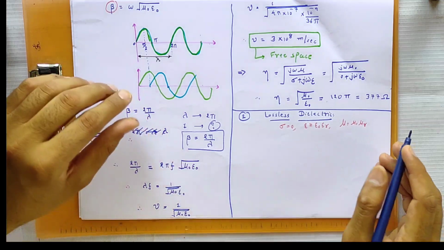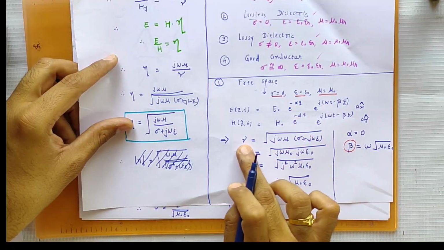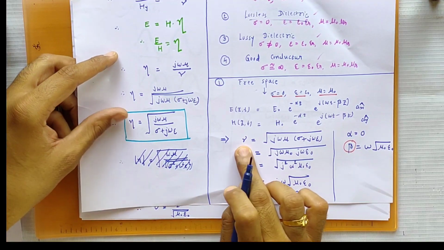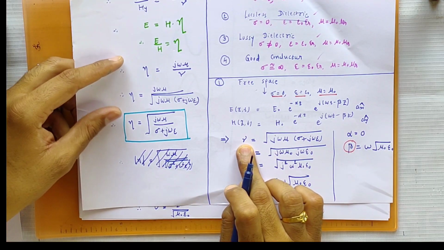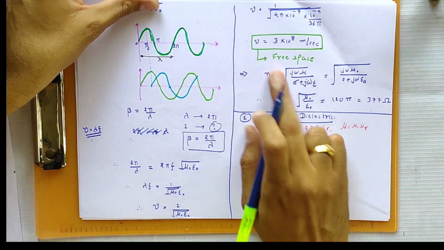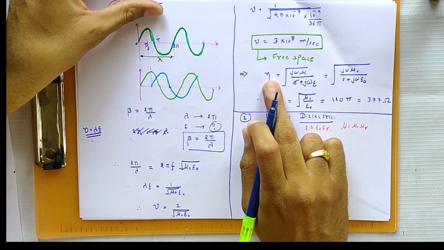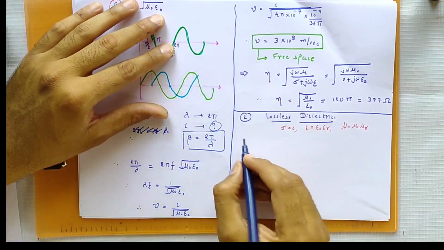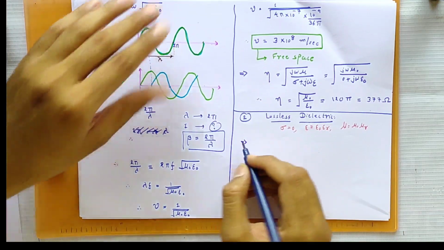Again, first of all you have to write these two equations, then do the calculation for the propagation constant gamma, and then the calculation for intrinsic impedance eta. So I directly write these things.